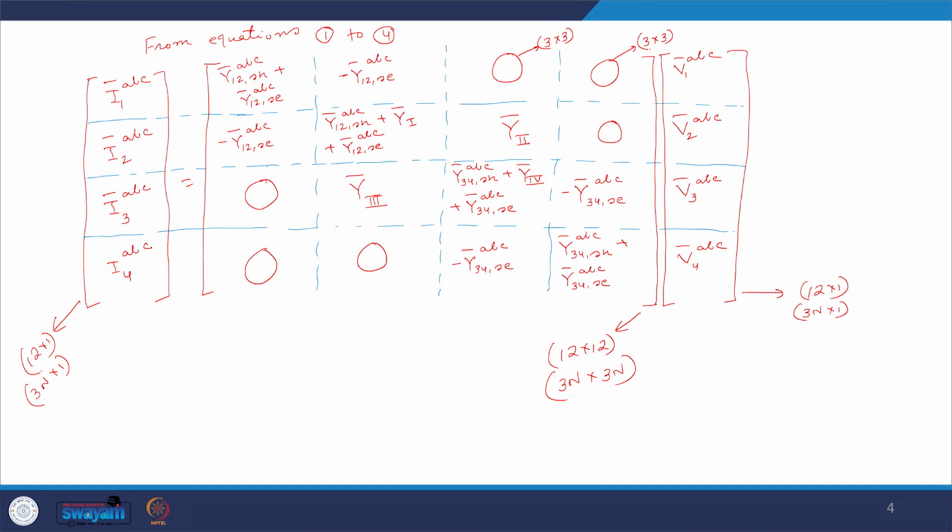After all, whenever there is no transformer involved in the network, that algorithm is absolutely fine. That is, the block diagonal matrices are nothing but the sum total of the 3 cross 3 admittance matrices directly connected to that bus, and the block off diagonal matrices are nothing but the negative of the admittance connected between any two buses if they are directly connected, and if any two buses are not directly connected, then that off diagonal 3 cross 3 block would be a null matrix.